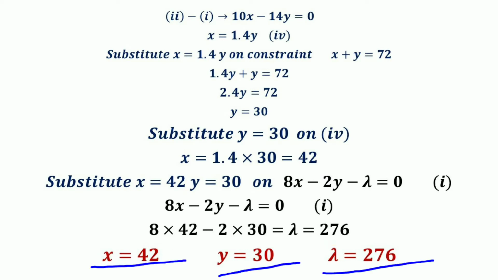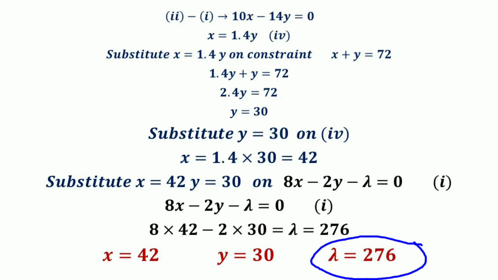So here x is equal to 42, y is equal to 30 and lambda is equal to 276. Here we can interpret the value of lambda equal to 276 as follows: a 1 unit increase or decrease in the constant of the constraint would cause the objective function to increase or decrease by approximately 276.